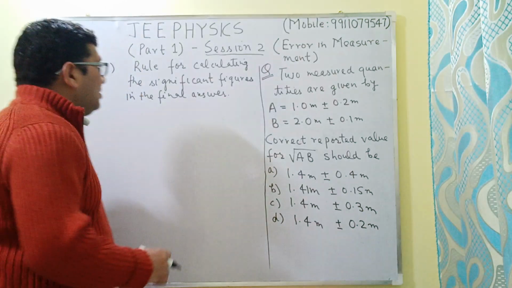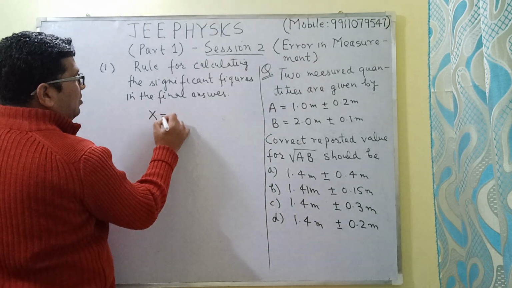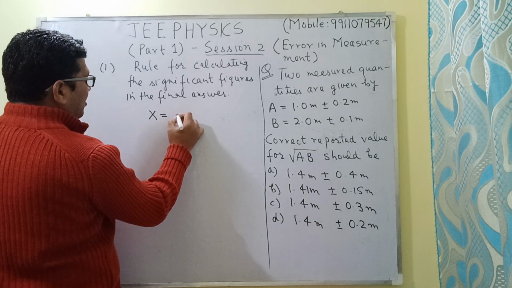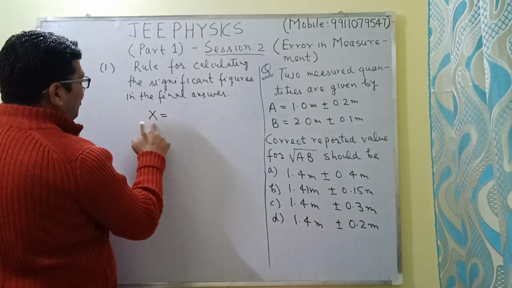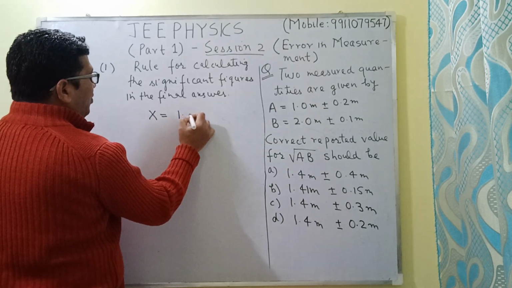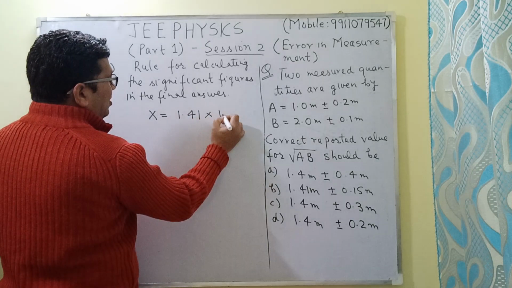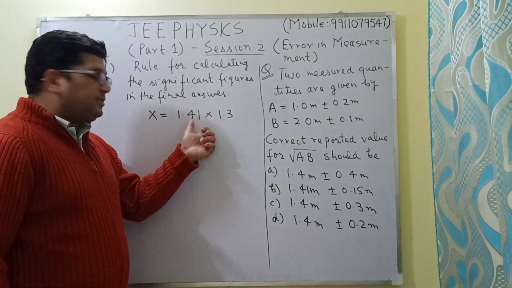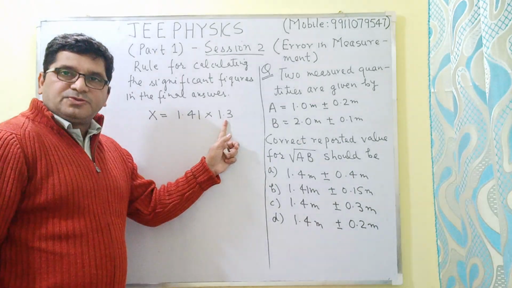significant figures. For example, let us say there is this physical quantity which is equal to 1.41 into 1.3. Here this quantity has got 3 significant digits, this quantity has got 2 significant digits.